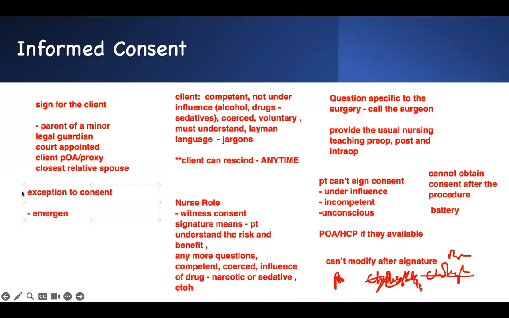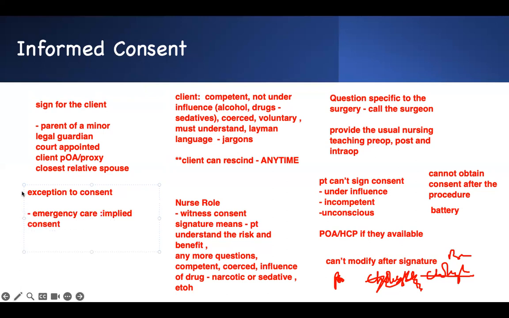Emergency care. If you come in, anybody who needs emergency care, if treatment can be delayed, then the patient can die, yeah, we have to make certain changes. Okay. In emergency care, if there's nobody available, and we have to operate really fast, we have something we call implied consent.